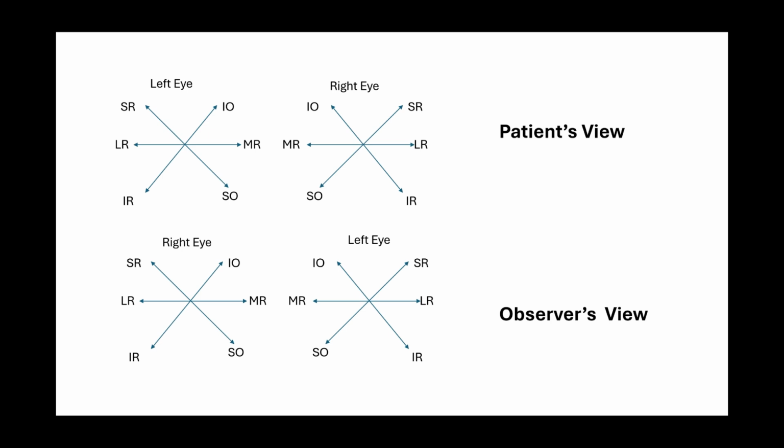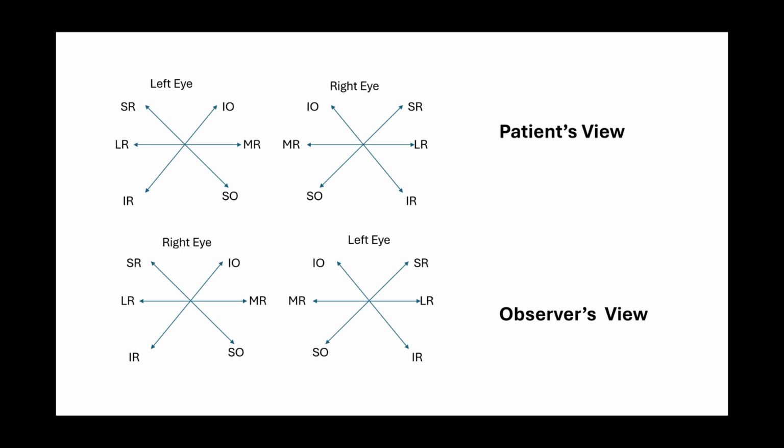Why is this important? Because the muscle orientation differs. As you can see, if the right eye is on the right, the superior rectus and inferior rectus action comes on the right side of the patient. And the left side superior rectus, inferior rectus comes on the left side, which is reversed when we see in the observer's view. It is not a must that we record it only as per the patient's view.